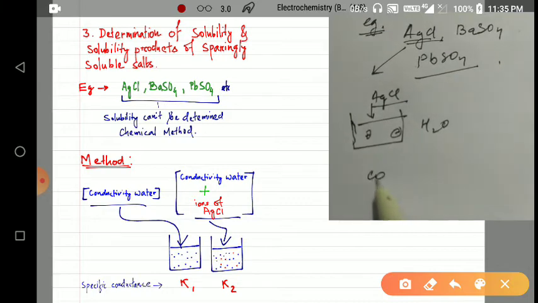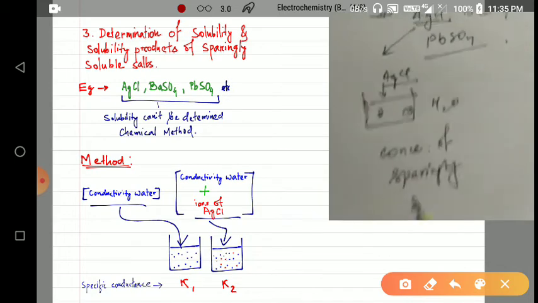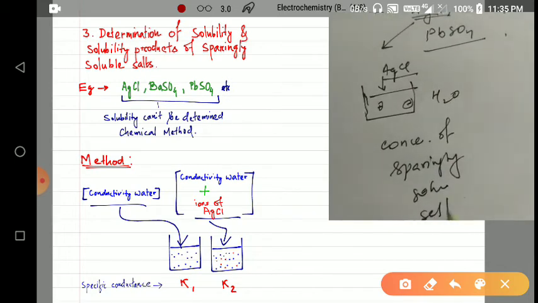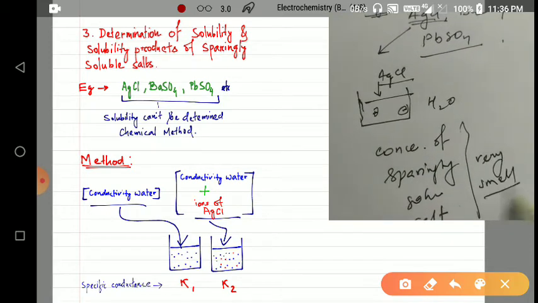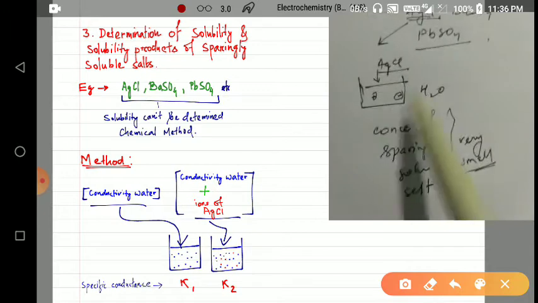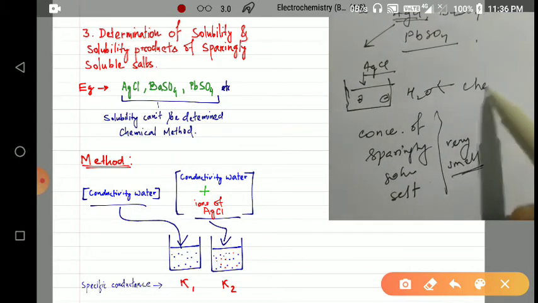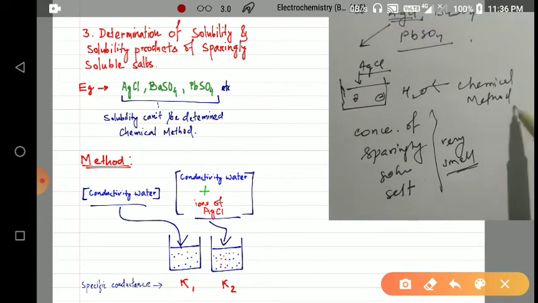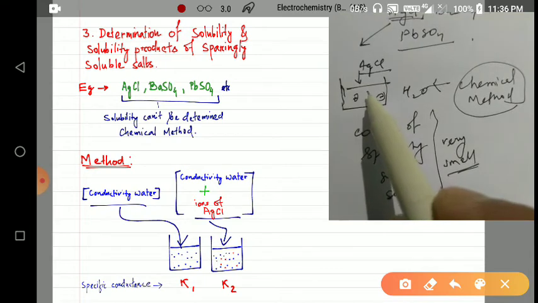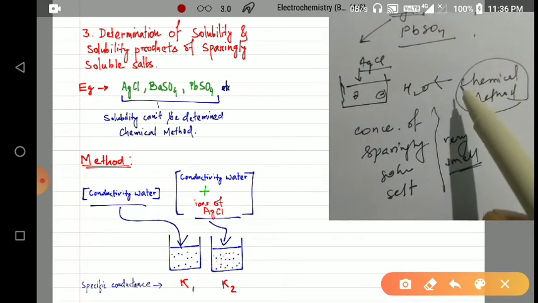The concentration of a sparingly soluble salt is always very small. If the concentration is very small, then we cannot use chemical methods to calculate it, because chemical methods have some limitations.